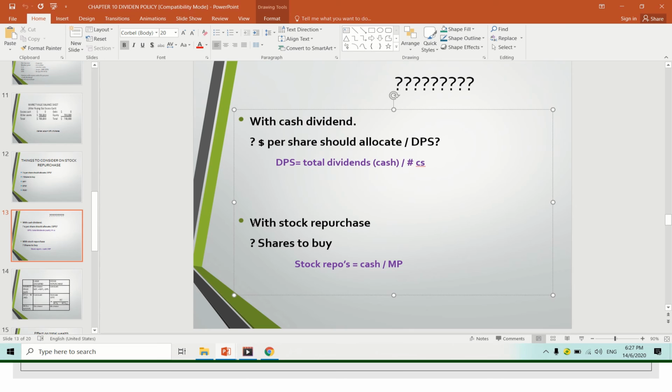With the stock repurchase, the first question to consider is how many shares the company will buy. The number of shares repurchased comes from the formula total dividend, DIV standing for dividend, over the current market price of the stock.